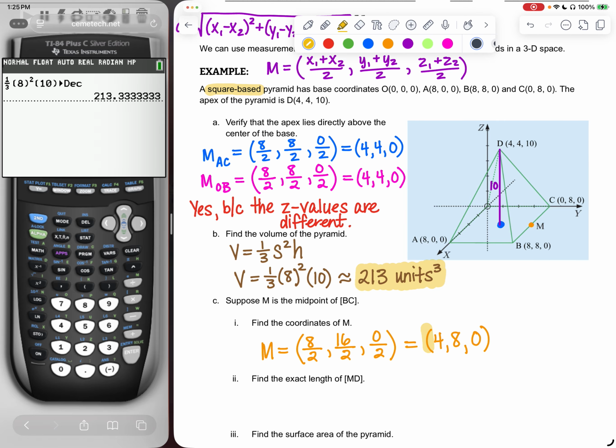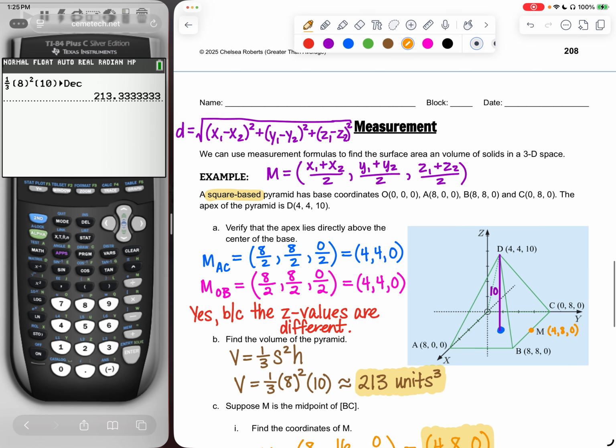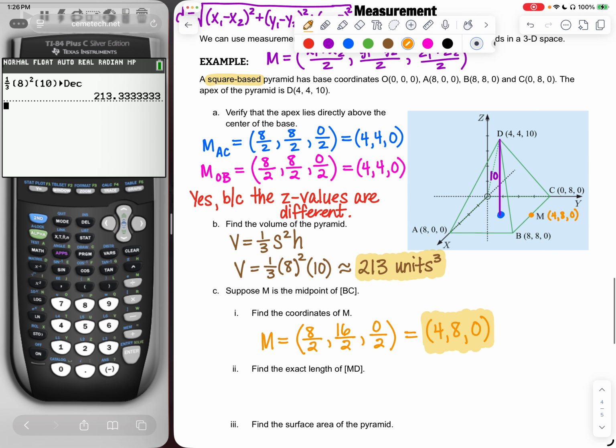So that is my midpoint there. Of course, when I get it, I'm going to write it in. So that is going to be that point, 4, 8, 0, and I wrote it in.